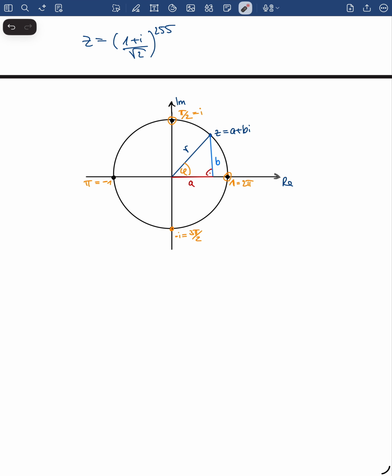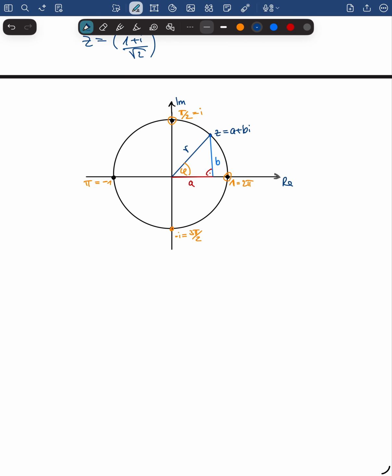Then we say that we have a complex number z equals a plus bi. The imaginary part is b, the real part is a, and we have some angle phi. How can we now represent these a and b with this angle? It's quite easy.